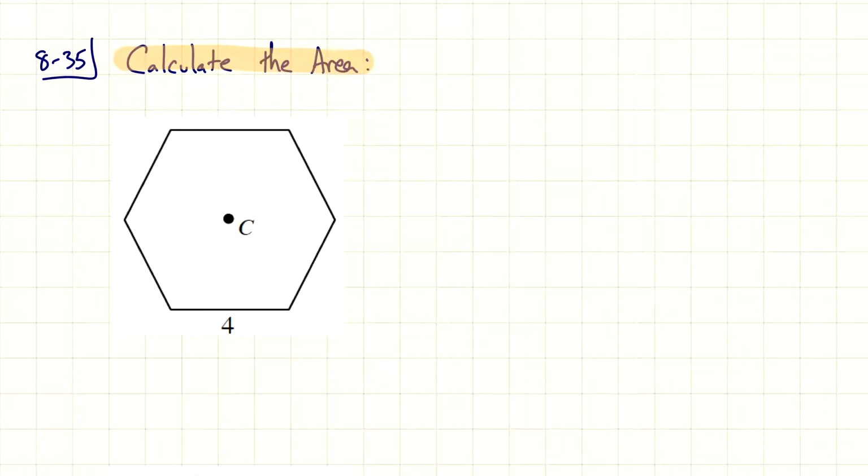Okay, so our goal is to calculate the area of this hexagon. It's also a hexagon. So we have 1, 2, 3, 4, 5, 6 sides. All right, so as soon as you know how many sides there are, what I usually like to do at that point is just start to create our formula.